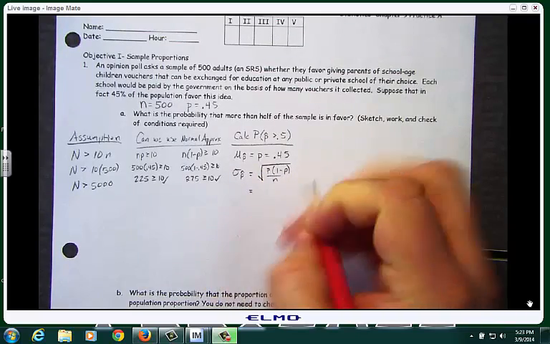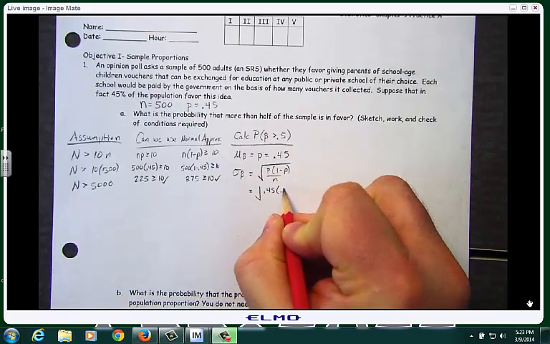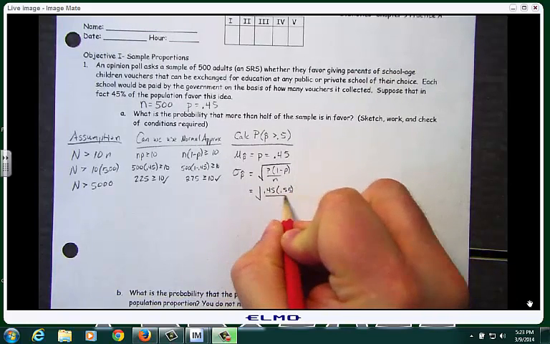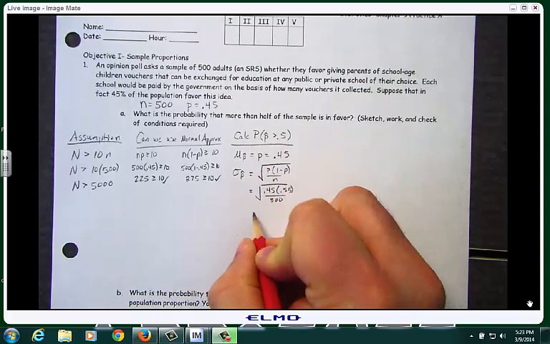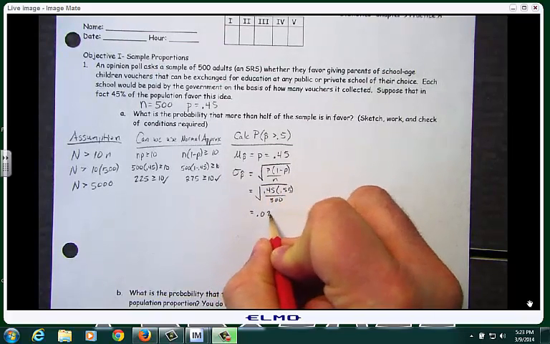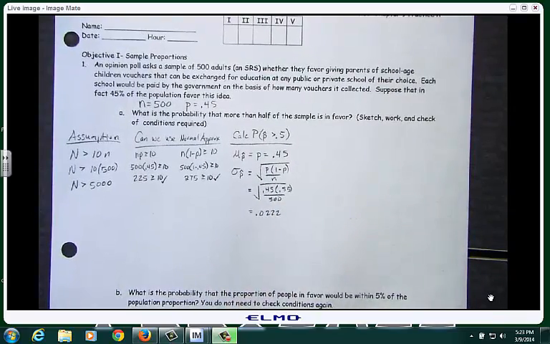Plug these numbers in and see what we calculate out. 0.0222. We can use these to calculate our answer.